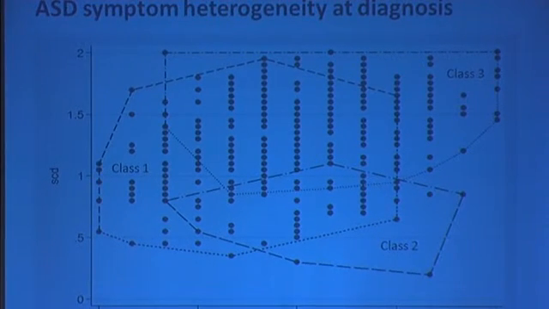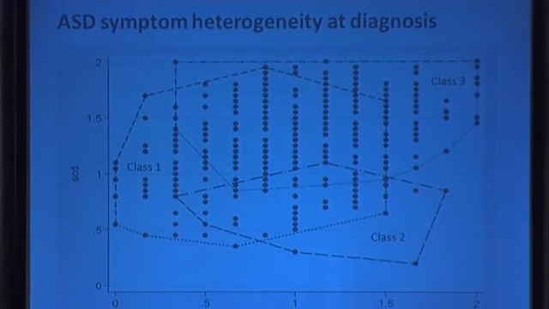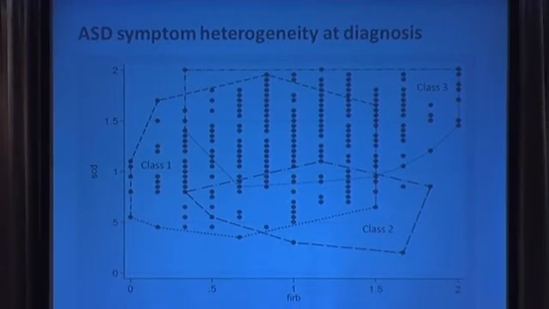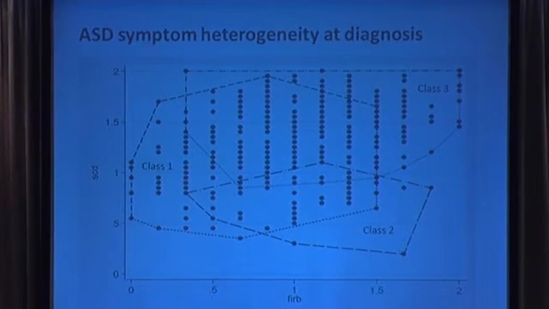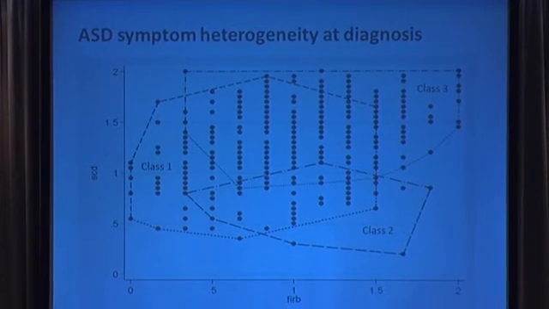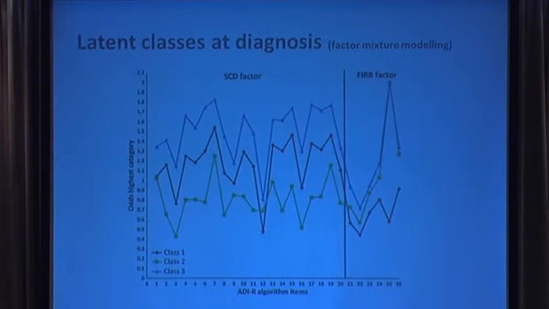It's not rocket science, but we were the first to actually do it, and we were fortunate to have the data to do it. So if you employ certain statistical techniques, you will see that within the spectrum of autism, you have three relatively distinct, because as you can see there's overlap, different subgroups or profiles of kids that differ on a number of variables, and I will explain what those are.